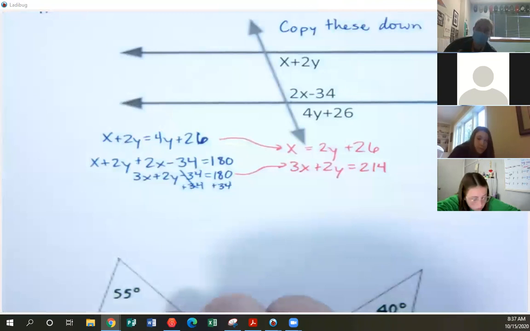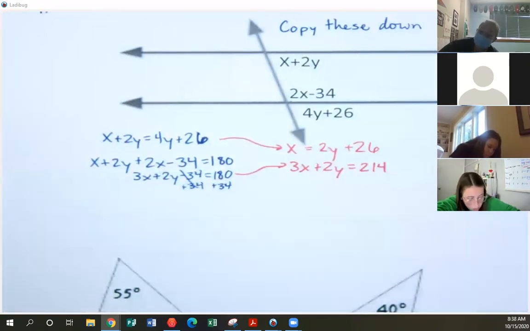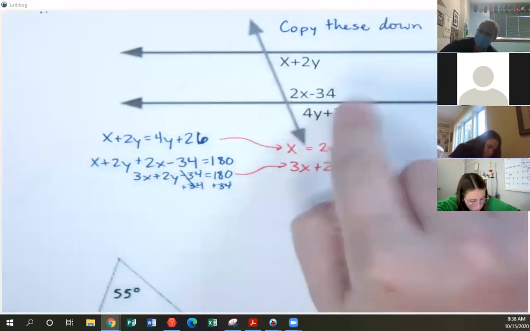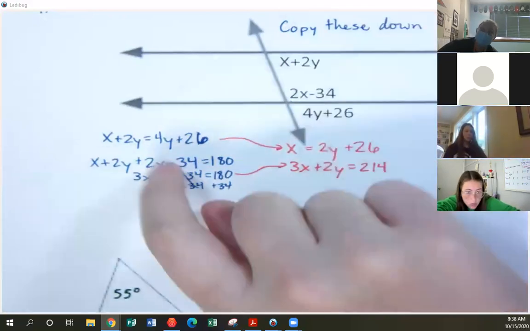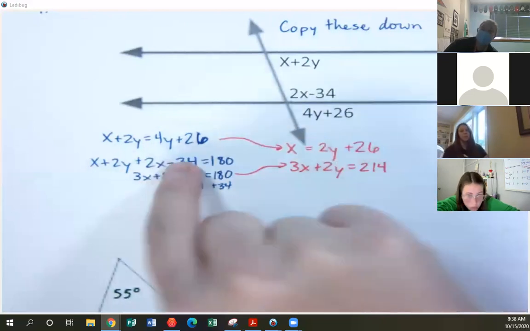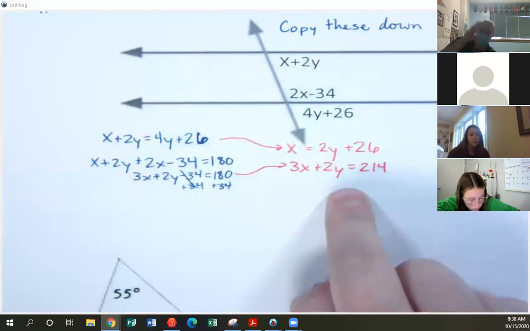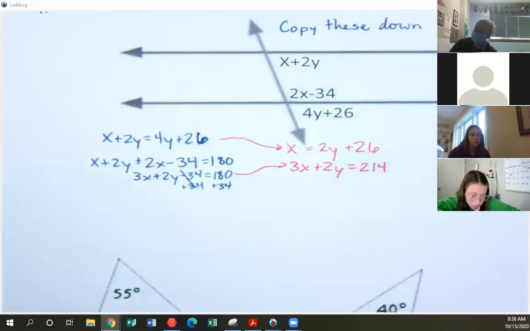Okay, so lots of steps here for you to understand. You use these angles to form two separate equations. And then I have made these equations look a lot prettier just by combining like terms and adding or subtracting from both sides. I personally want to use substitution on this. You can use elimination.